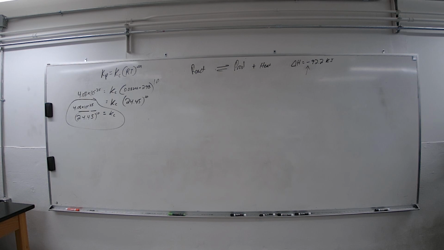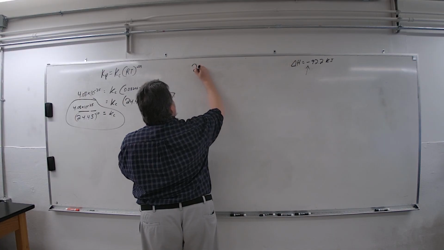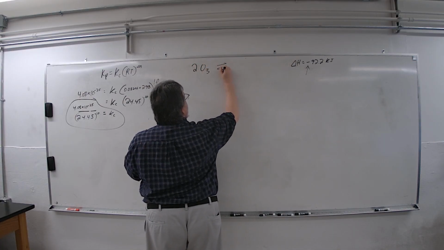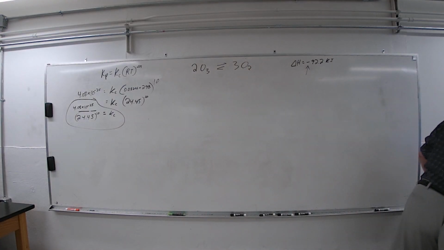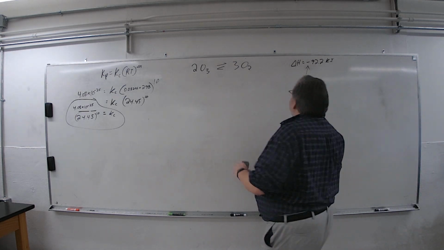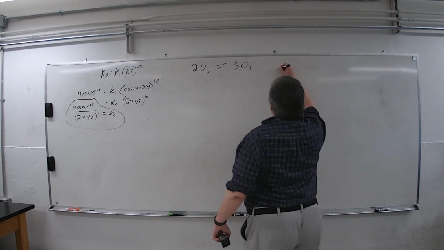Pressure, predict direction. This one. O3 and 2, and delta H here is negative 2 and 5.